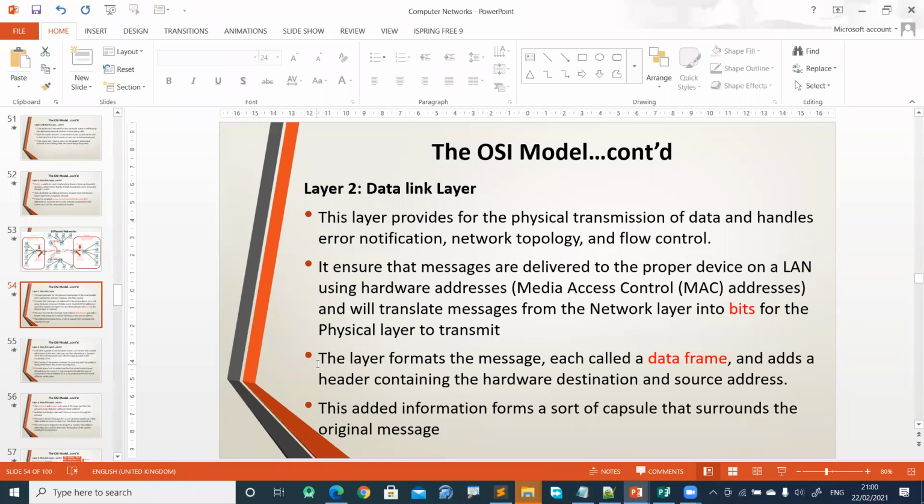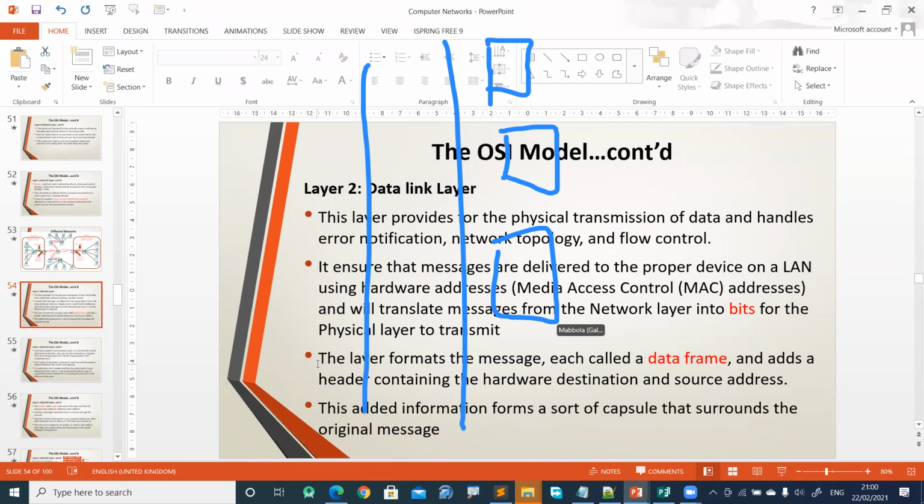Like for instance, if this is the street with houses, and inside those houses there are individual people. Look at it and listen carefully. A packet can come to this house.